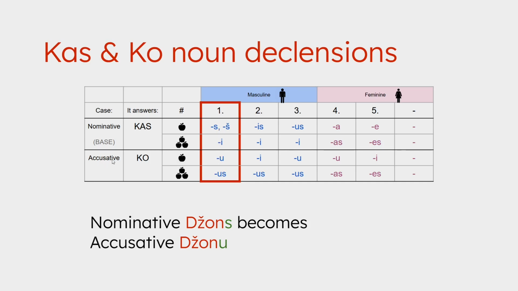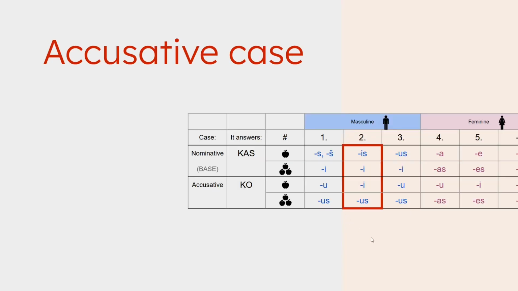Now we're in the accusative section, so we find singular, and it is now a u, and that tells you what the new suffix is supposed to be. So we have accusative Jonu. It doesn't matter if it's an apple, if it's a person, if it's a name, it still matches the same rules.